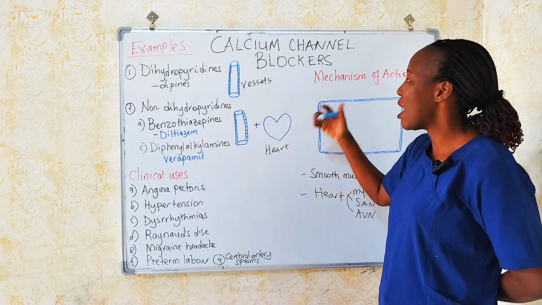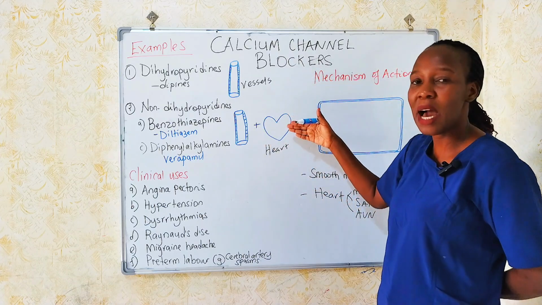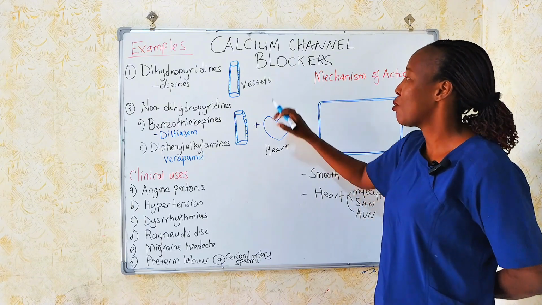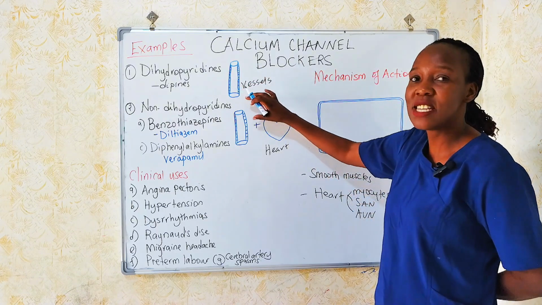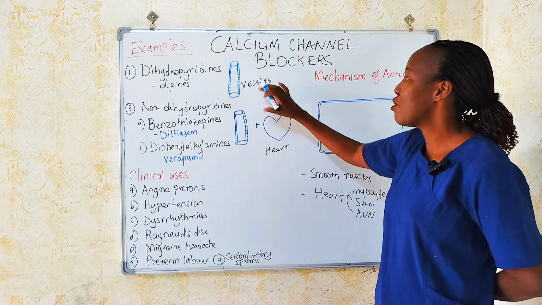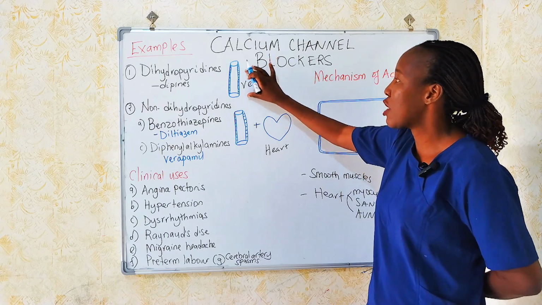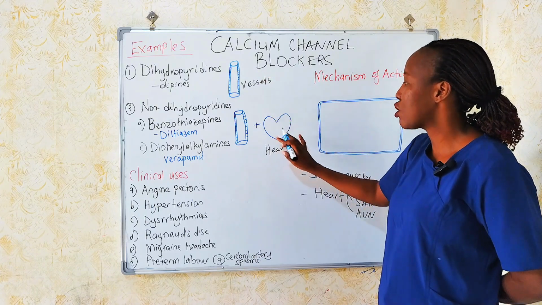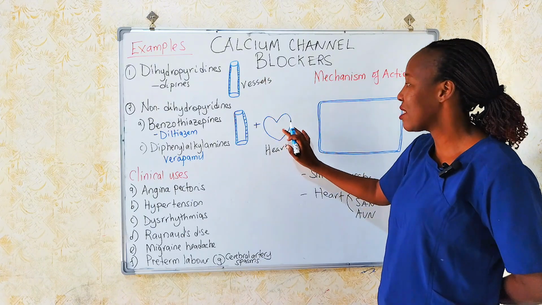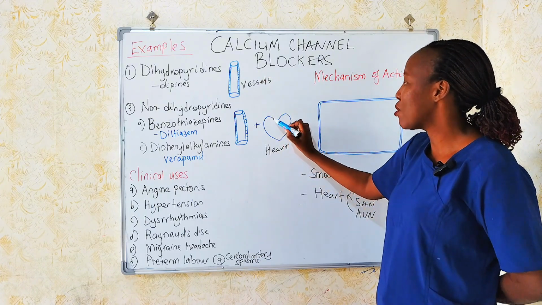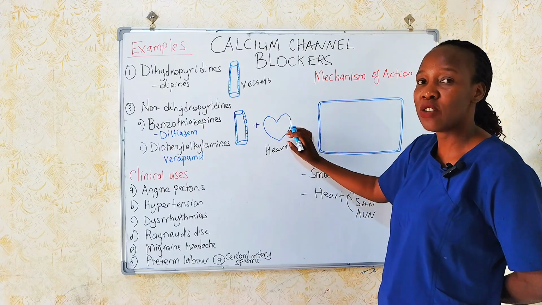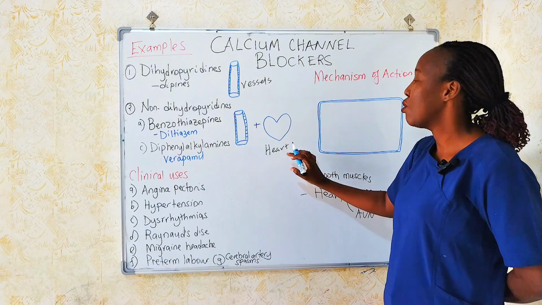Calcium channel blockers work to reduce the amount of intracellular calcium such that we can reduce activity in these targets. We can reduce the contraction of the smooth muscles of the vessels or the contraction of the myocardium, or even the conduction of impulses from the sinoatrial node through to the atrioventricular node and then onto the heart.